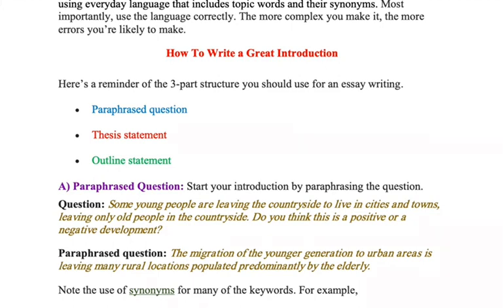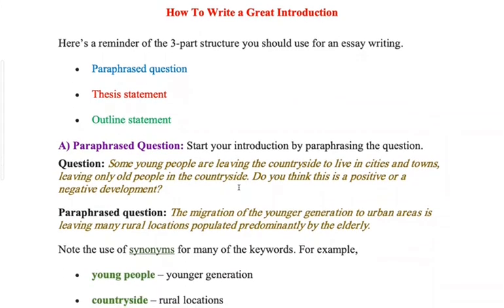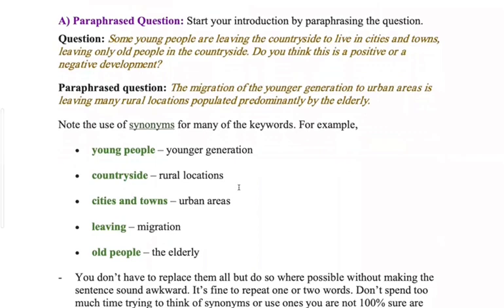Let's see first how the writer here has paraphrased the question, and then we will talk about what he has also done with the synonyms. So here he says, the migration of the younger generation to urban areas is leaving many rural locations populated predominantly by the elderly.